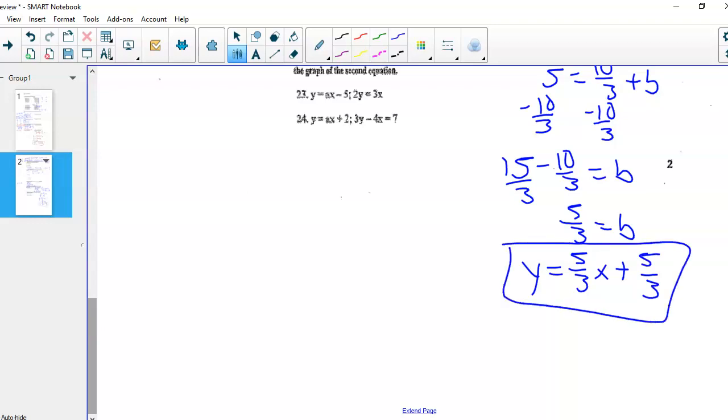Sometimes they're the same. So that would not be something nice to graph, but it happens. How do you use a calculator?